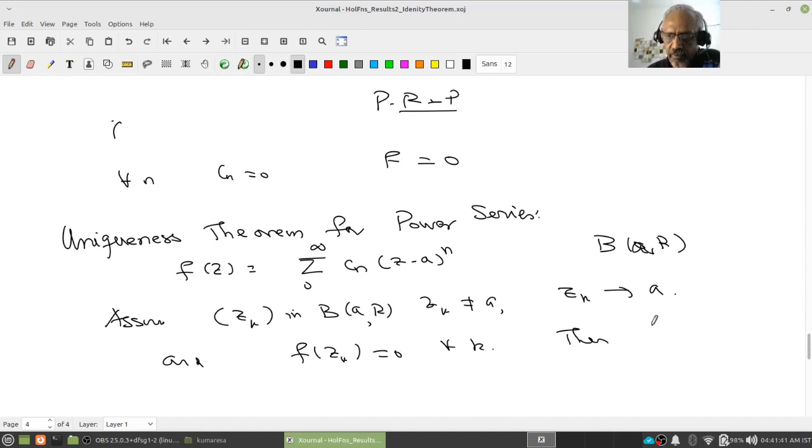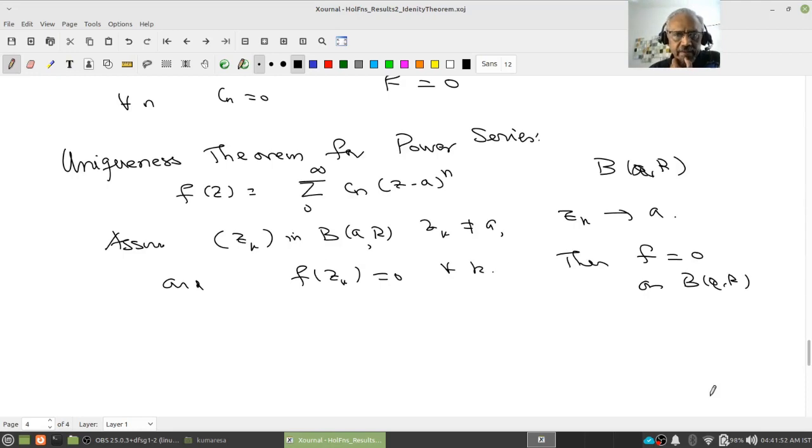Then f is 0 on B(a, R). I have assumed a is 0 and proved it, but the proof is the same.